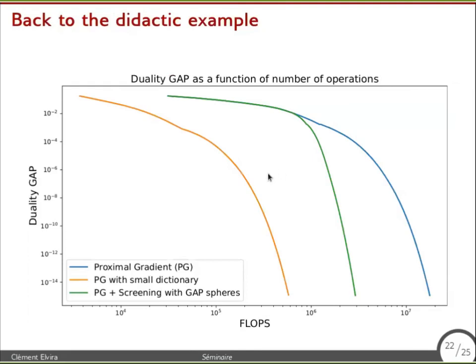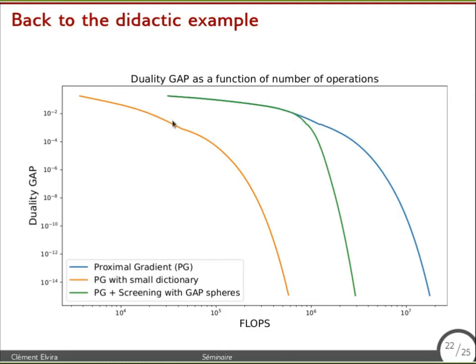And I will come back to my previous toy example. Here in the green curve, I have added the same algorithm where I have included the screening test described previously. As you can see, at the beginning of the algorithm, there is no difference between the vanilla proximal algorithm and the algorithm that implements screening.